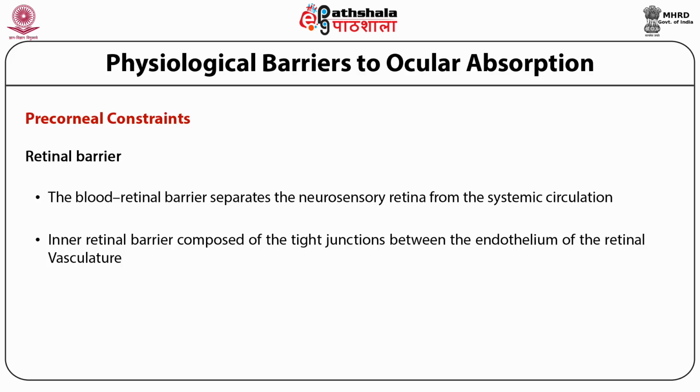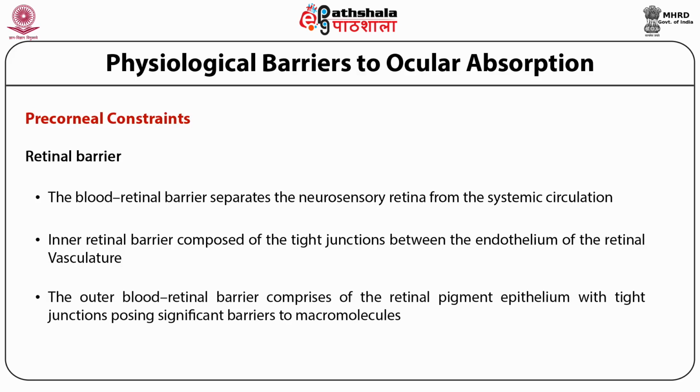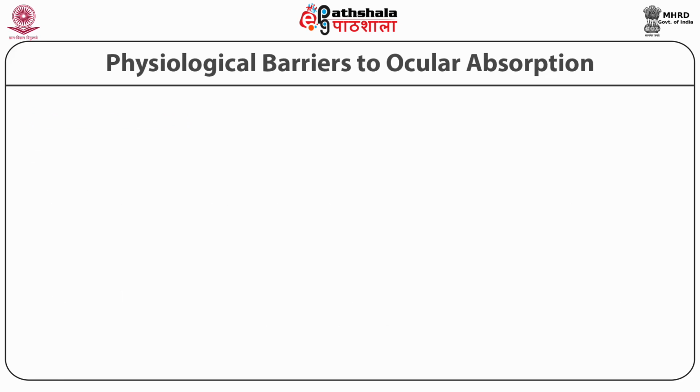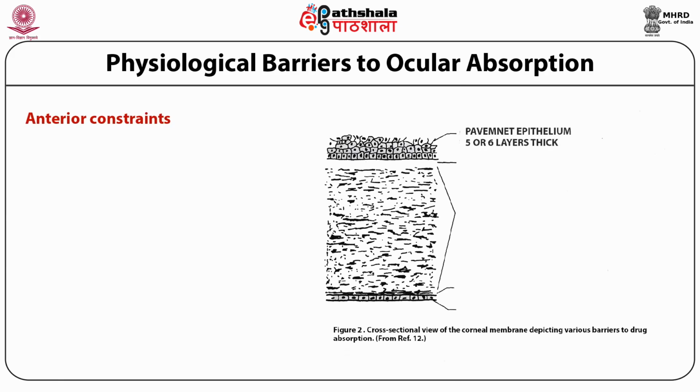Fluorescent labeled dextrans of size ranging from 3 to 150 kDa, when tested for permeation across the inner blood-retinal barrier, were not detected. The outer blood-retinal barrier comprises the retinal pigment epithelium with tight junctions, which pose significant barriers to macromolecules. Anterior barriers or anterior constraints.